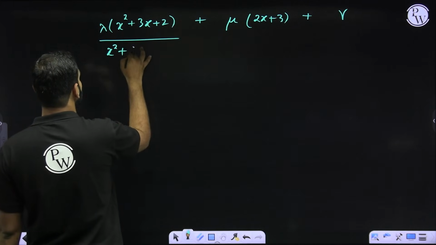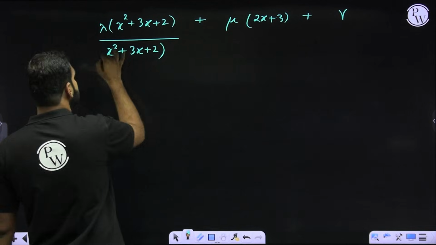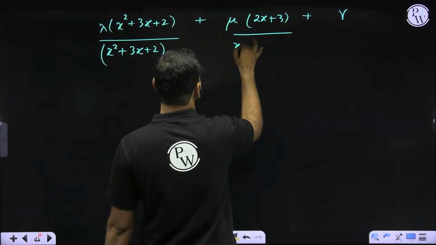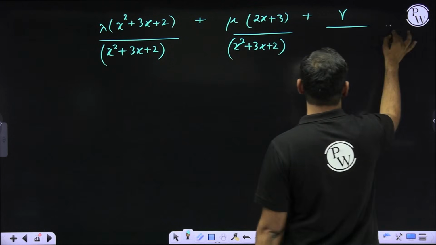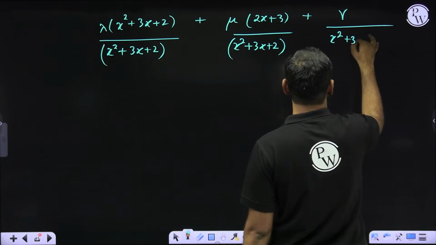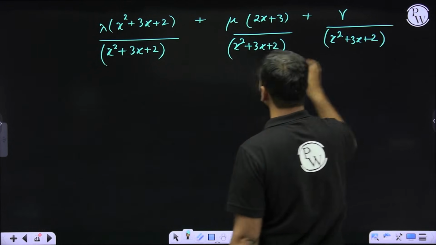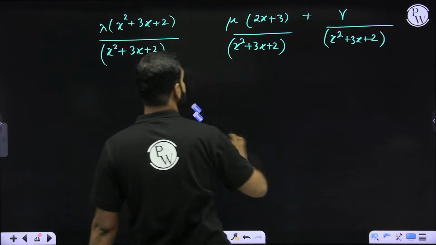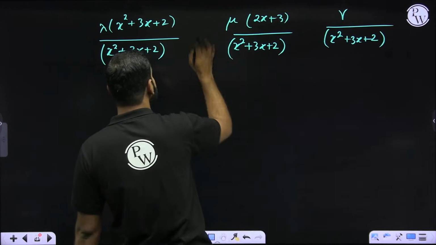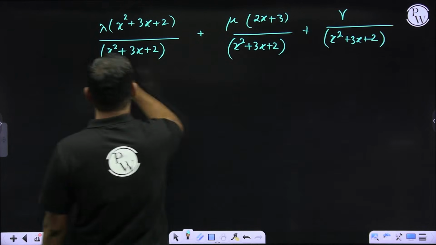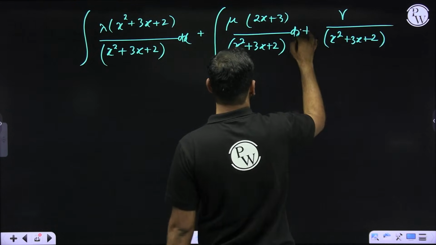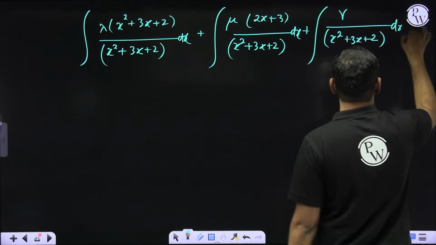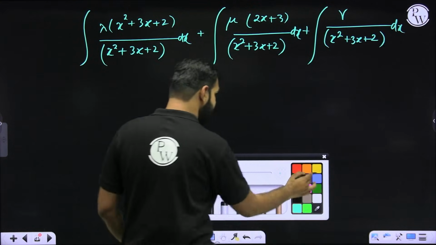Now what we need to do is integrate this entire expression, integration of this with respect to x, this with respect to x, and this with respect to x. Are you not realizing something like this we have already seen?